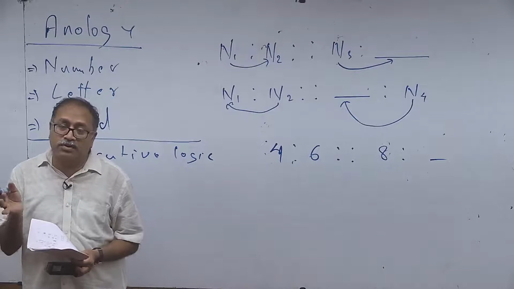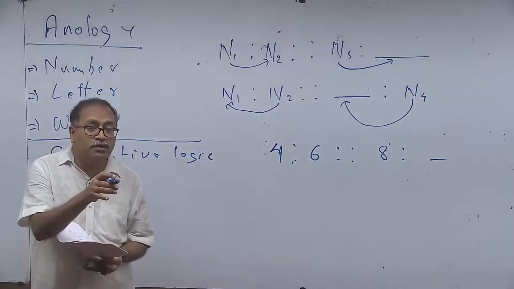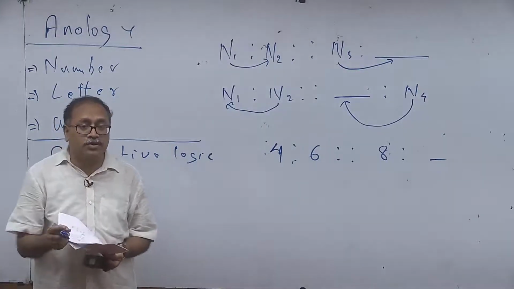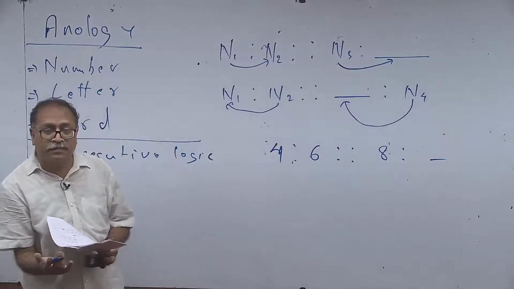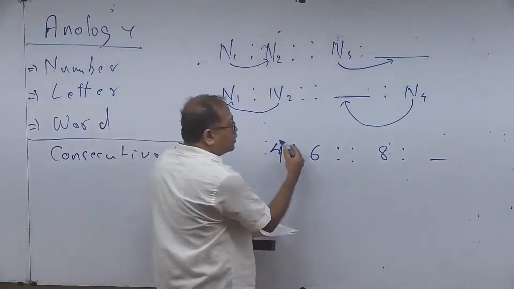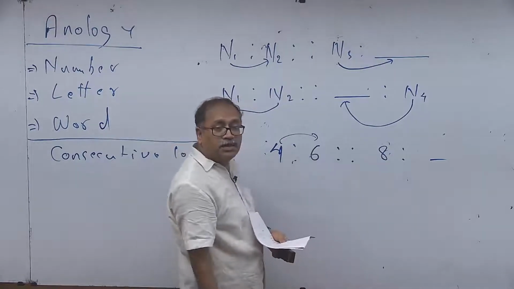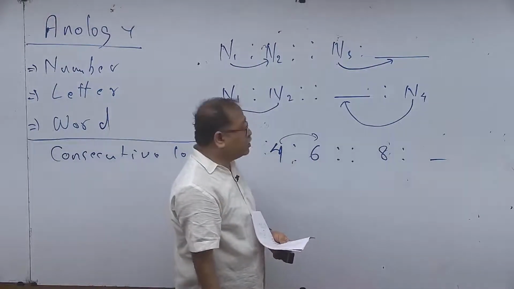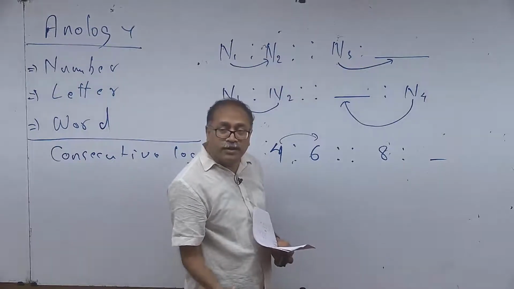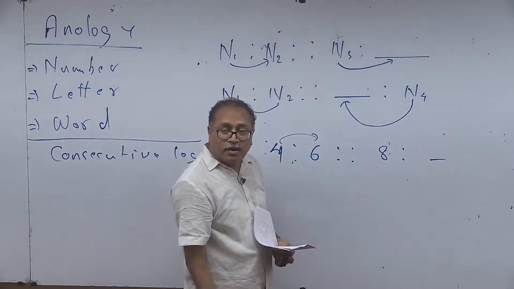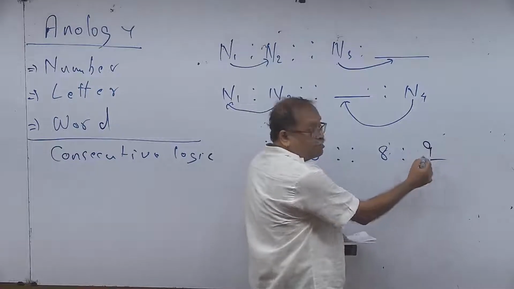So what else can I understand? It could be a consecutive composite number. I need to check that also, because it depends on the options given to us. Here I see that after 4 the next composite number is 6. So if I go with the similar logic, after 8, what is the next composite number? Composite number 9.